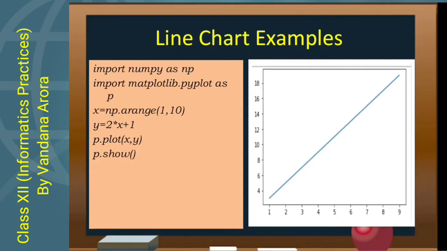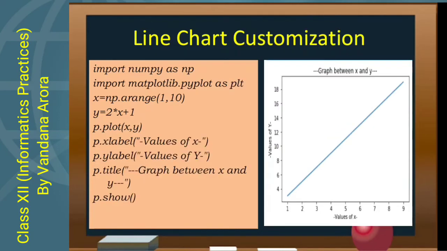Now you can see the line graph will be drawn when you run the program. The straight line will be displayed. You can see this chart has a single line with no labeling on the chart. Now we will customize this chart accordingly so that it will become more interactive. Next is line chart customization.